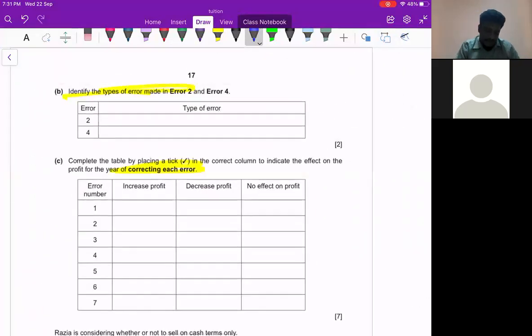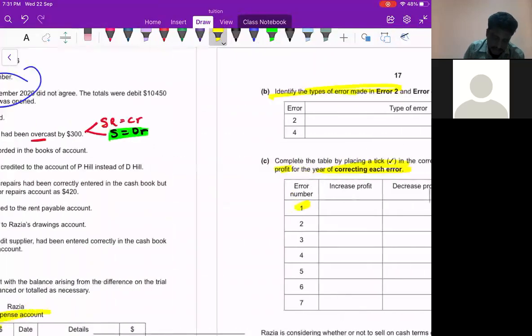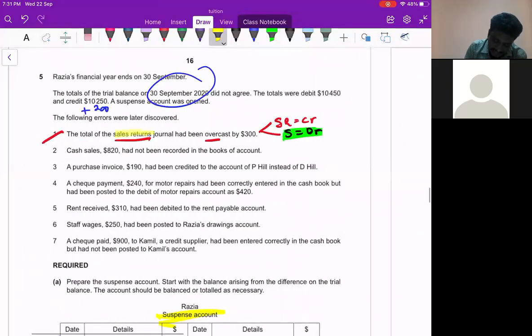Okay, this is error 2, error 4, later we come back. So error number 1, they want the effect on the profit of correcting this error. So now your sales return is overcast. You minus the sales return.